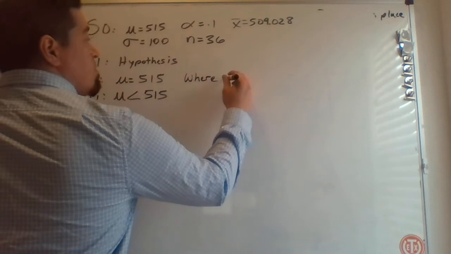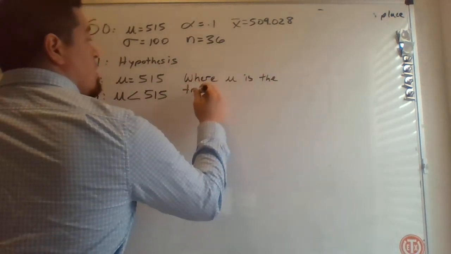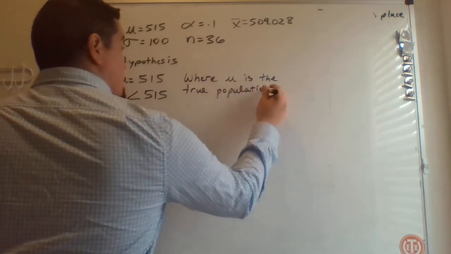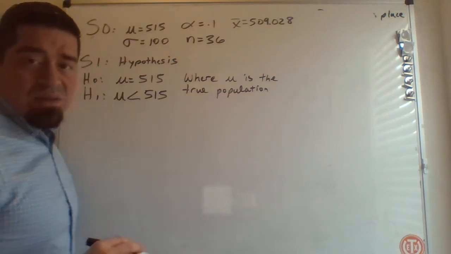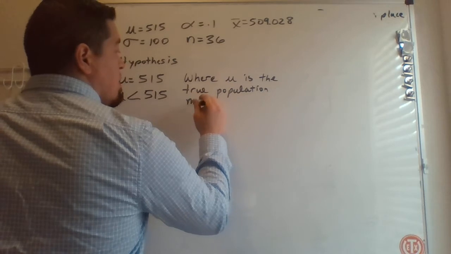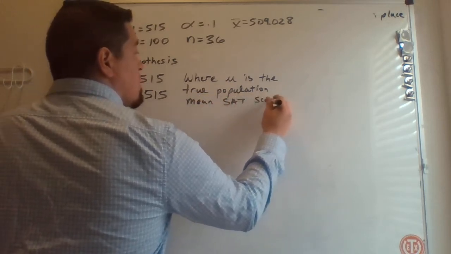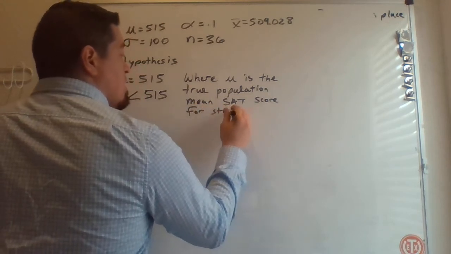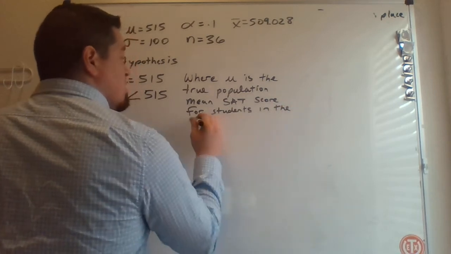So you would say something like, where mu is the true population mean SAT score for students in the superintendent's district.